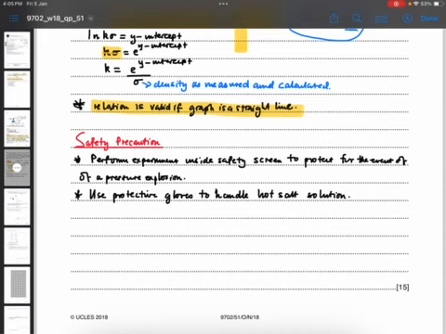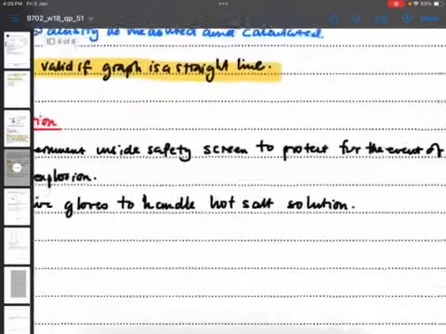It might be sealed, but the fact still remains that it can actually explode under the pressure that might accumulate inside there. So to prevent the situation whereby it explodes and hot water comes flying into your face, we do the experiment inside the safety screen.